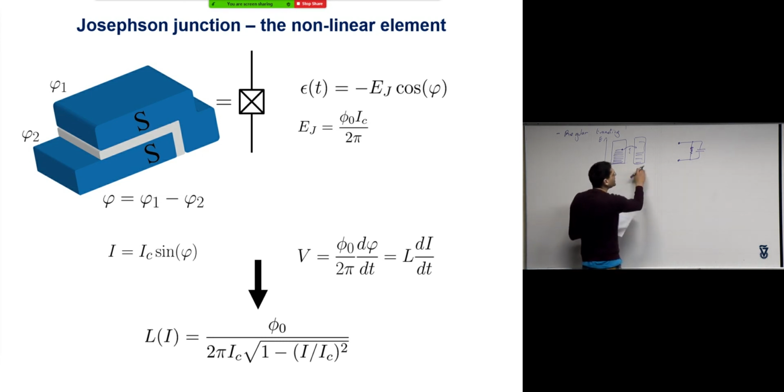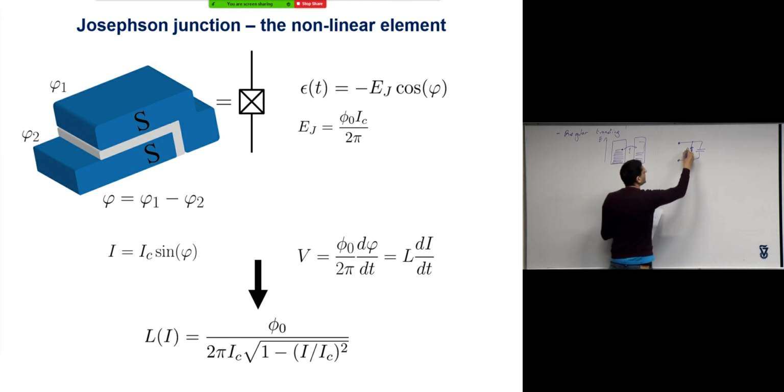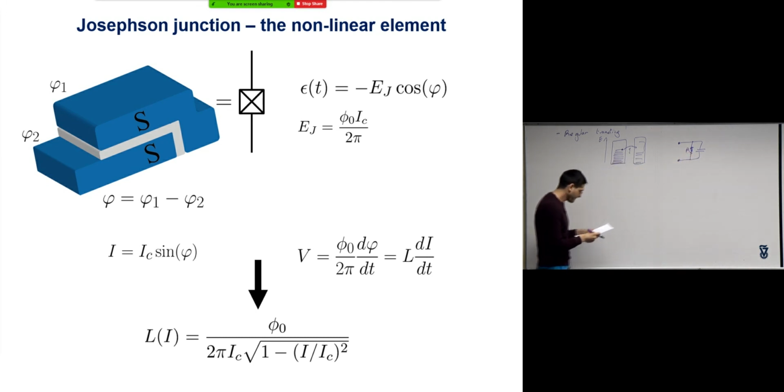And then this tunneling simply behaves like some resistor. So this is a reminder of regular tunneling, going from a single state to a continuum.